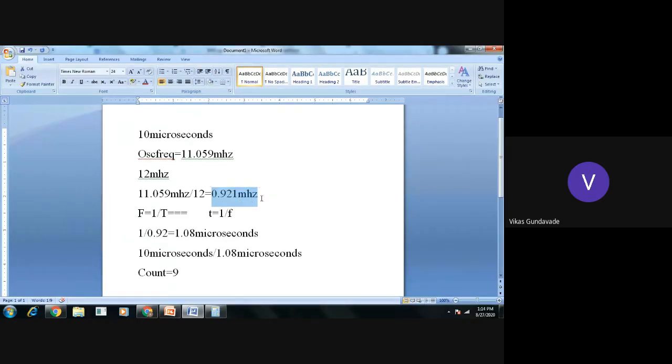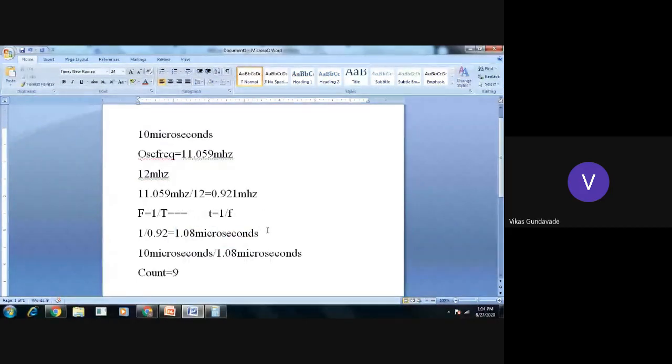Now from this frequency we can calculate the pulse. The equation is that time is inversely proportional to frequency, so T equals 1 by F. The time will be 1 divided by 0.921 megahertz, so the actual time for one T state, or one clock, is 1.08 microseconds.